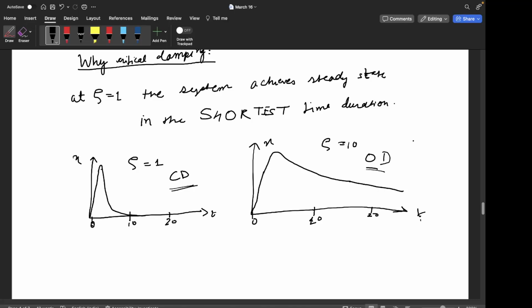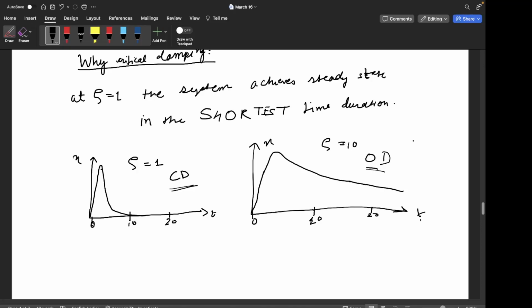We saw two major quantities of interest: the natural frequency and the damping ratio, and at different values of damping ratio, how the system responds. The undamped case, in which damping ratio is 0, and the underdamped case, in which damping ratio is between 0 and 1. In the undamped case there are oscillations with no decrease in amplitude.